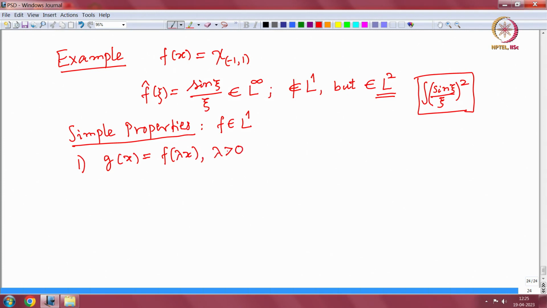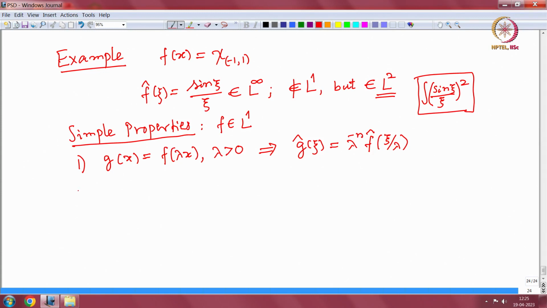What is the relation between the Fourier transform of g and the Fourier transform of f? This is very easily doable. This is lambda to the minus n f cap of j by lambda. Once you know the Fourier transform of a function, all its dilations can be worked out.